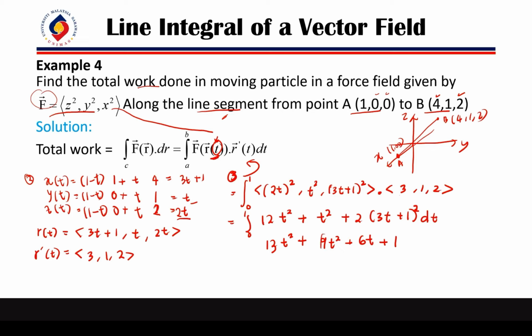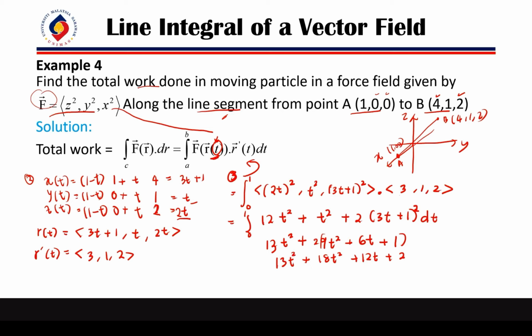Then we multiply by 2. So we get 18t squared plus 12t plus 2, plus 13t squared.